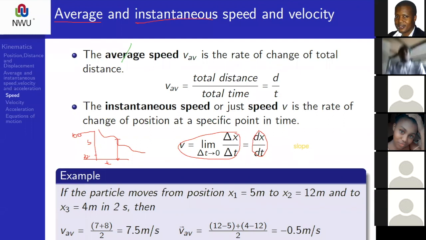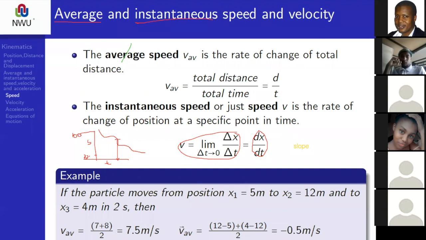And then from 12 to 4, what will be the other distance going back? 8 meters. So the total distance will be 7 plus 8 divided by 2 seconds. So that is basically 7.5 meters per second.